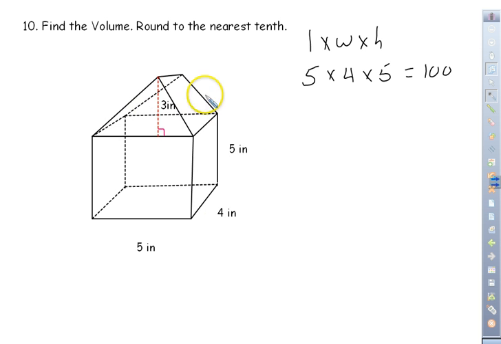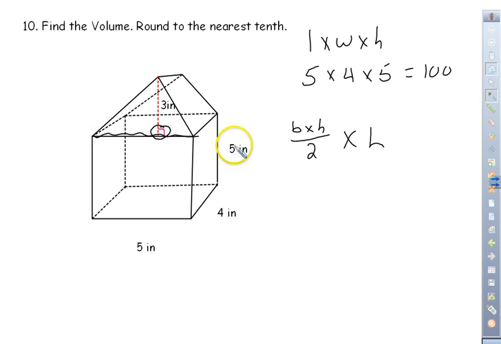Then we're looking at this triangle, okay? In my triangle, I gave you that formula, which is base times height divided by 2 times the length. So here's my base, this line right here, wherever this right angle is, it's got to be a perpendicular line to the actual height.